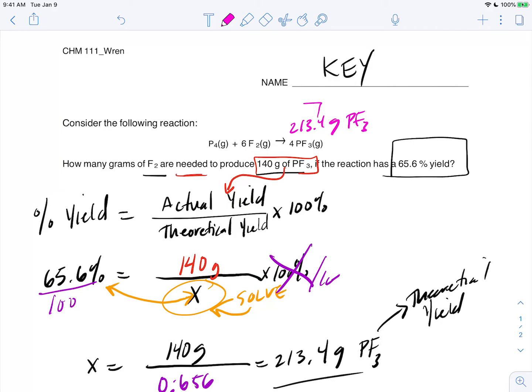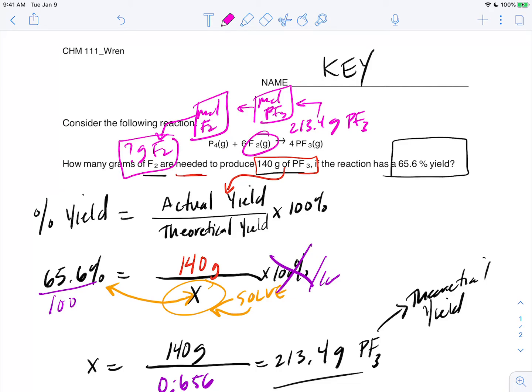So I need to go grams to moles of PF3 to moles of F2 using the mole ratio, and then to grams of F2, which is right here.